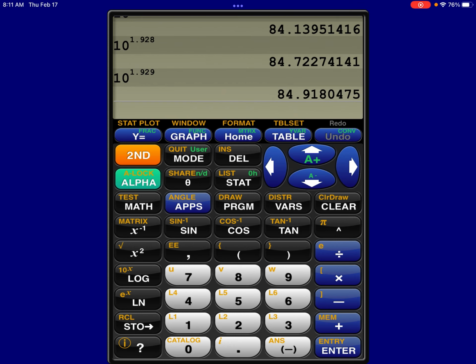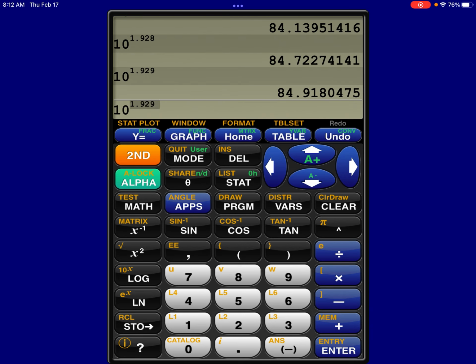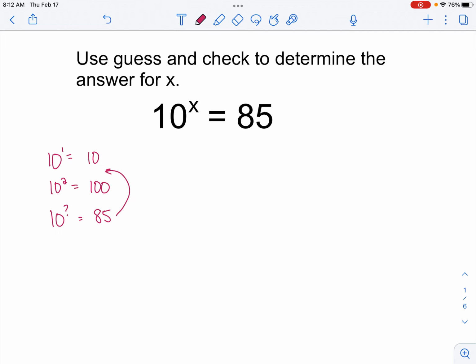Okay, so it's got to be bigger than 10 to the 1.929. So let's do 1.9295. That's really close, so I'm going to stop there. We can get on with this lesson, but we're pretty close with 1.9295. I'm going to write that down. X is approximately 1.9295.